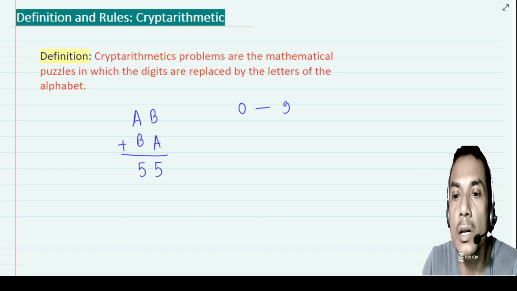Choose the numbers, put in the values and try. If it is satisfied, then you go to the next step.